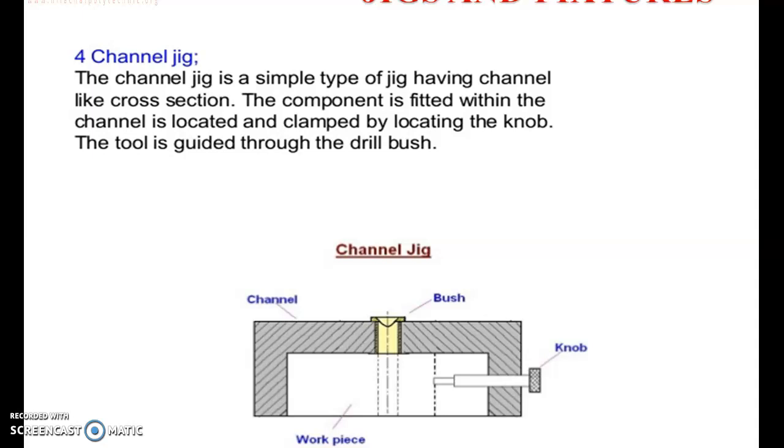Just like in a bench vise, we have a handle, and when we revolve that handle, with the help of the screw, the jaws get moving. So the wedge fixture is also similar to a bench vise. The wedge block grips the work against the fixed button fitted on the other end of the fixture body.